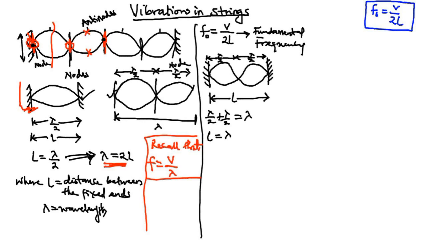If I substitute into F is equal to V over lambda, the frequency for this setup will be equal to V over L. Since I called the first one F0, I am going to call this F1, and write it aside: F1 is equal to V over L, and I'm going to put that in a box.